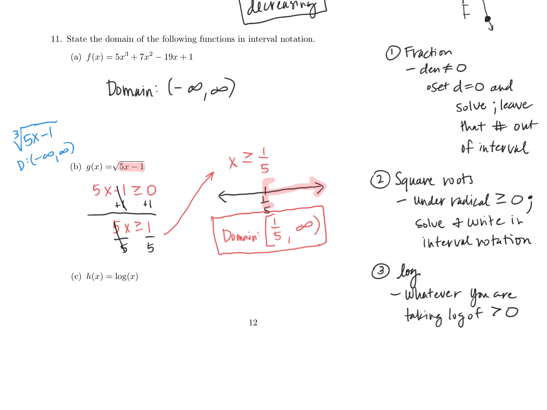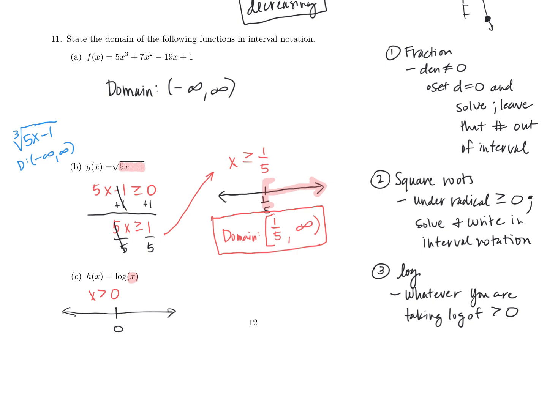All right, part C, log. That's case 3. So whatever you're taking the log of, so that means whatever is in parentheses following the log, has to be greater than 0. So x must be greater than 0. Okay, so we've got x by itself, so now we just need to make sure we write our interval notation correctly. So here's 0.